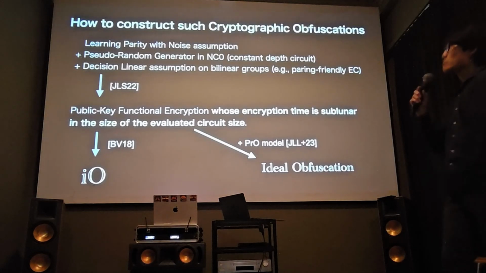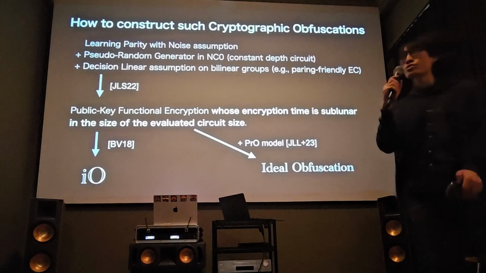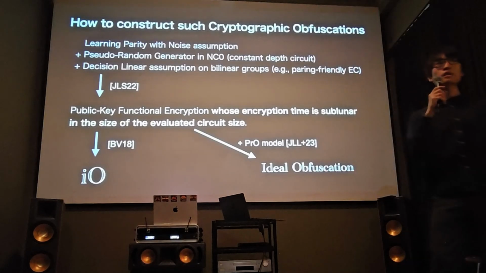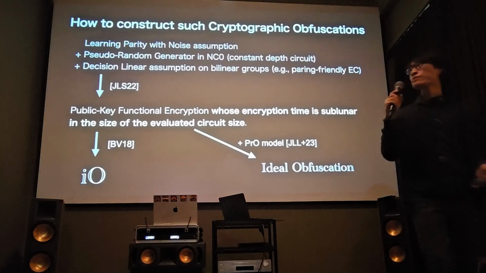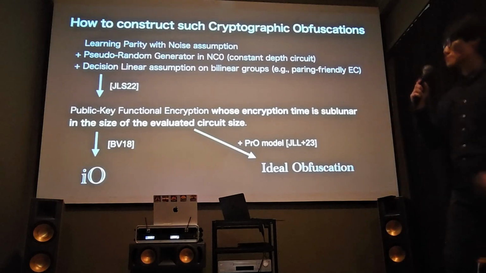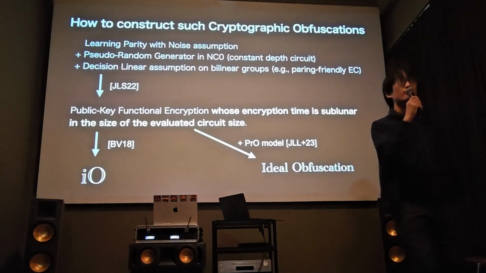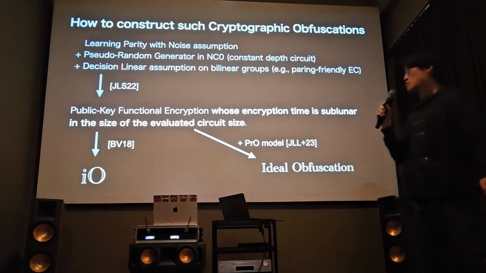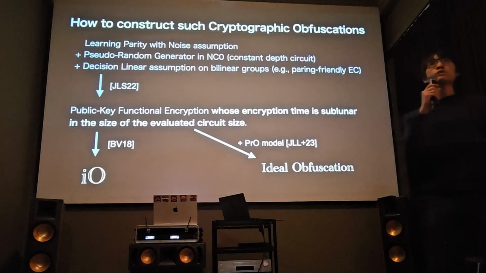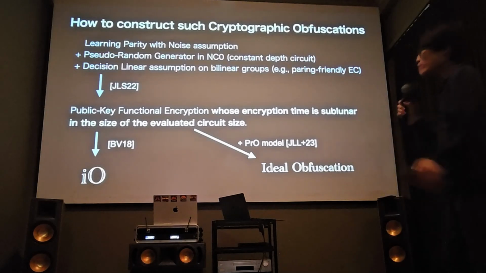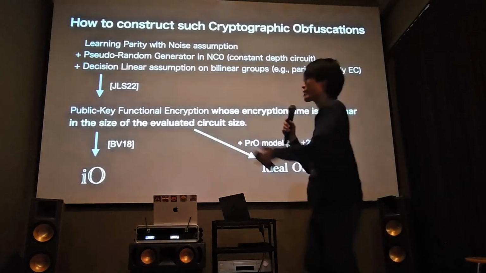And the third one is a kind of assumption on bilinear groups, in other words, assumptions using pairing. And only from these three assumptions, we can construct a functional encryption, which is a more functional version of public key encryption. And using that, we can construct an IO.